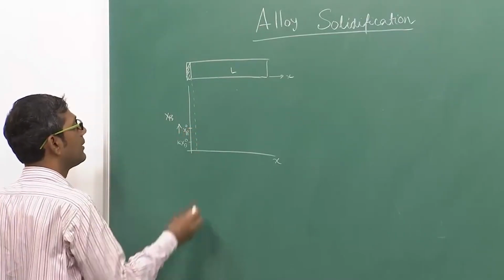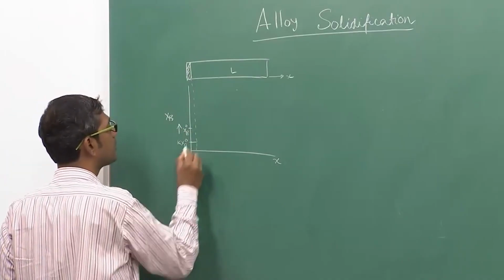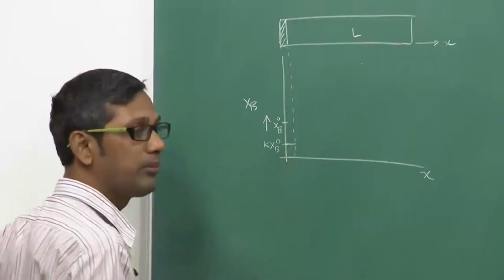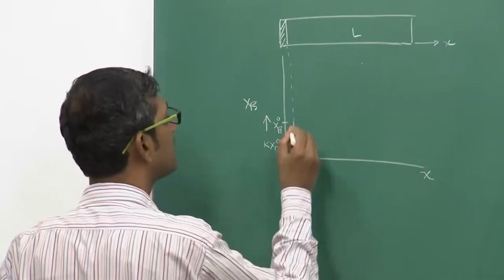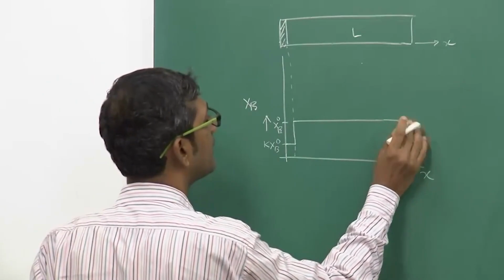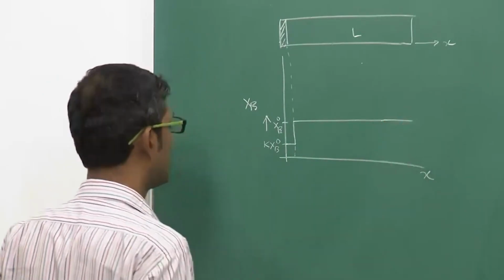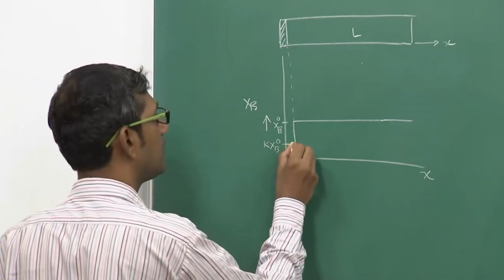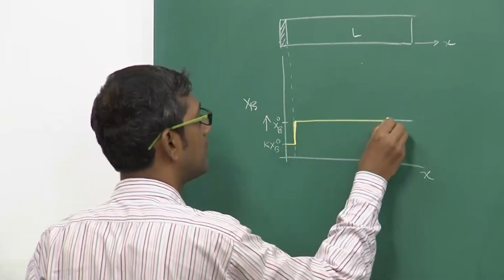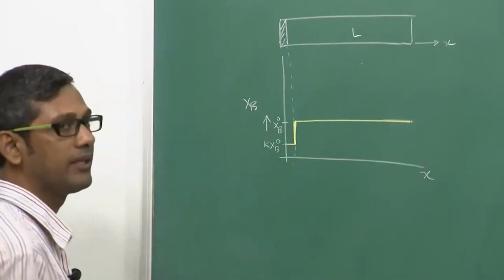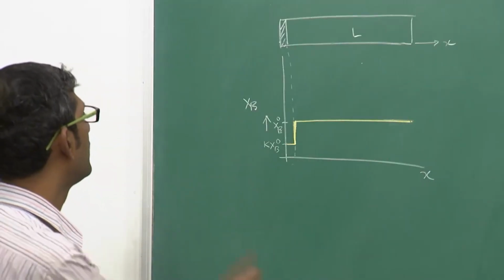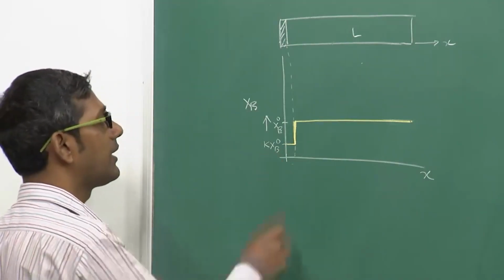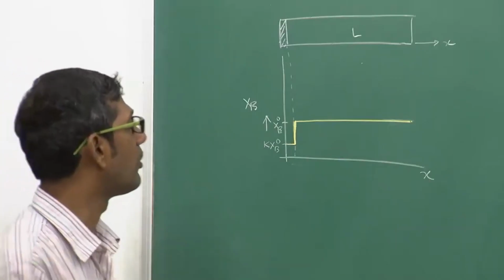Since we are discussing equilibrium solidification, the solid will have uniform composition, then it will rise and remain XB0 all throughout the liquid. It is better to plot this using a color chalk. This is what happens under equilibrium condition. So the solid which forms at the beginning will have a composition of KXB0, where the liquid has a composition of XB0 all throughout.